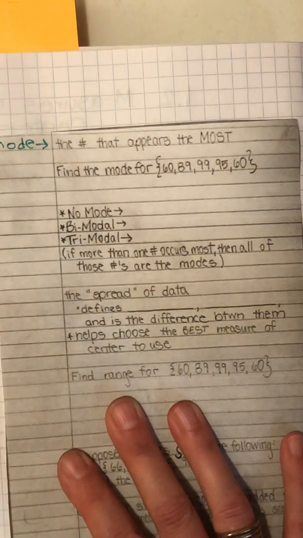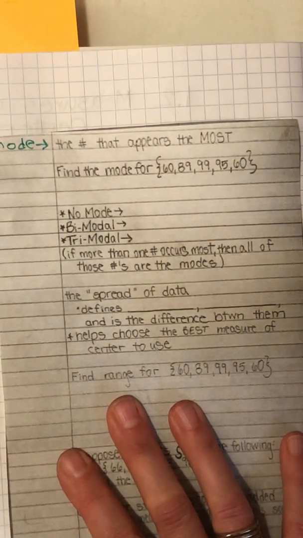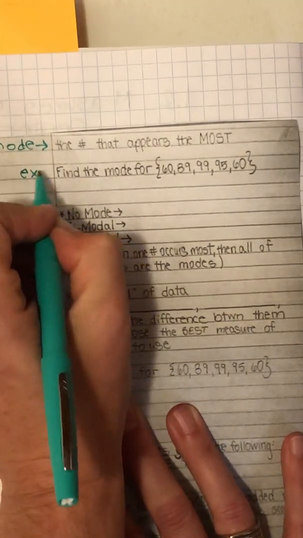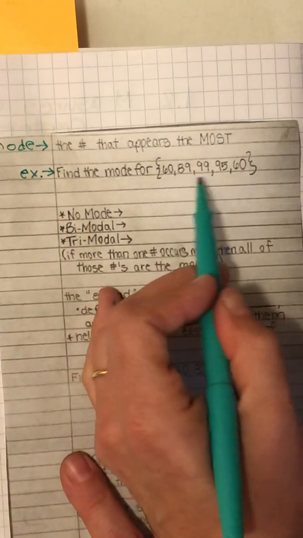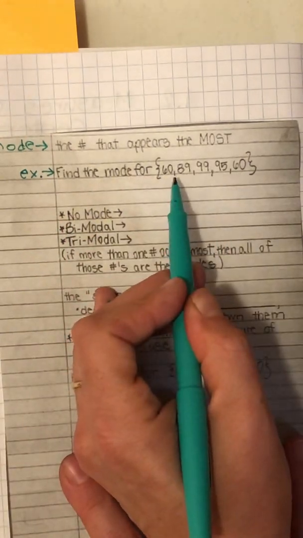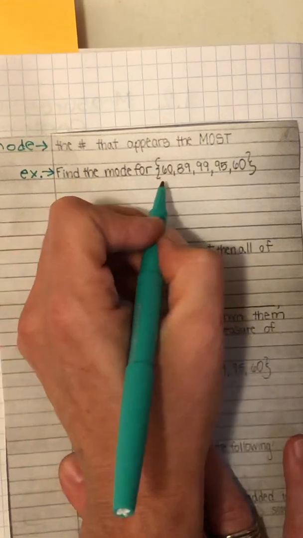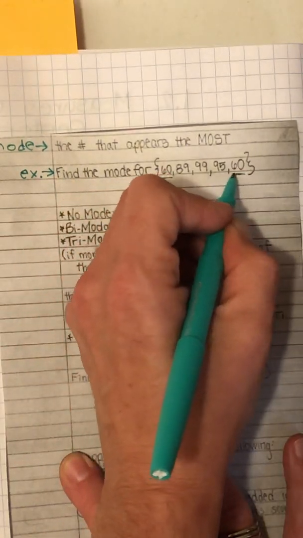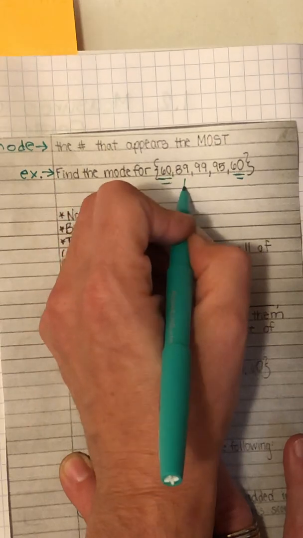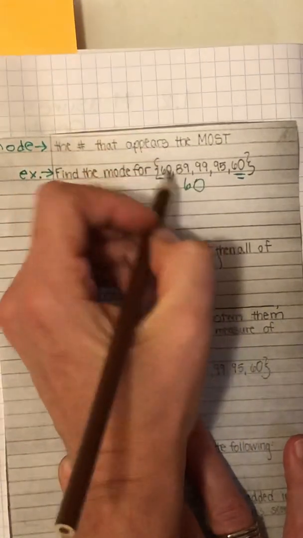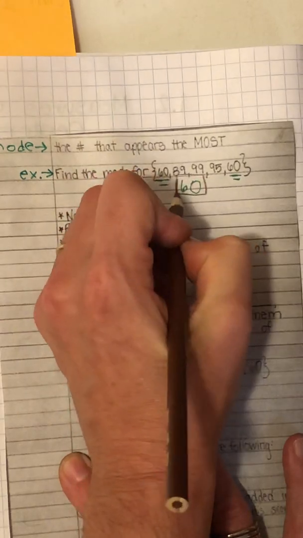The number that appears the most often, mode most. So for our example, we find the mode for this data set. So there's only one. So it's 60 because this appears twice, and there's only one number that appears twice. So final answer, 60. Let's box that number up.